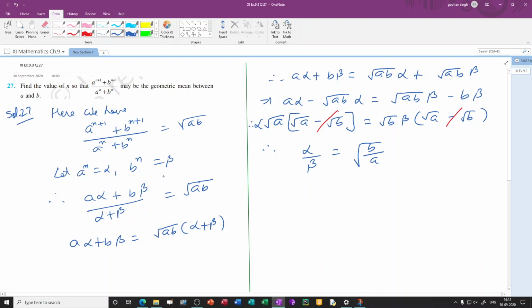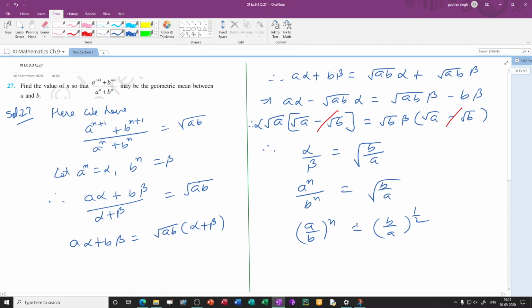Now let's put the value of alpha by beta. Alpha is a raised to n, so this will become a raised to n over b raised to n equal to square root of b over a, and this can be written as a by b whole raised to n. And square root means, we know, the exponent in that case is half. So this is b by a raised to 1 by 2.